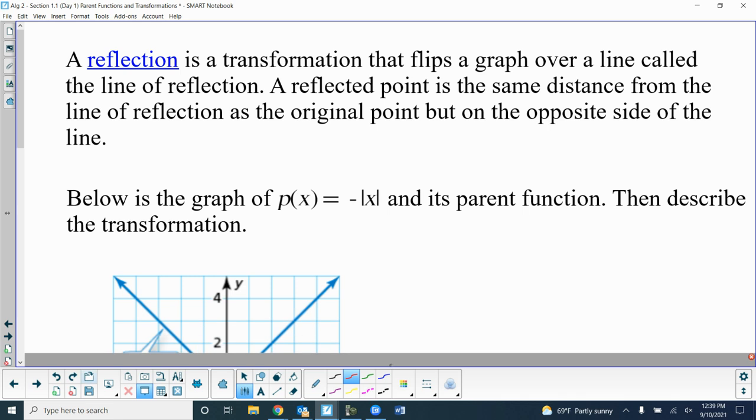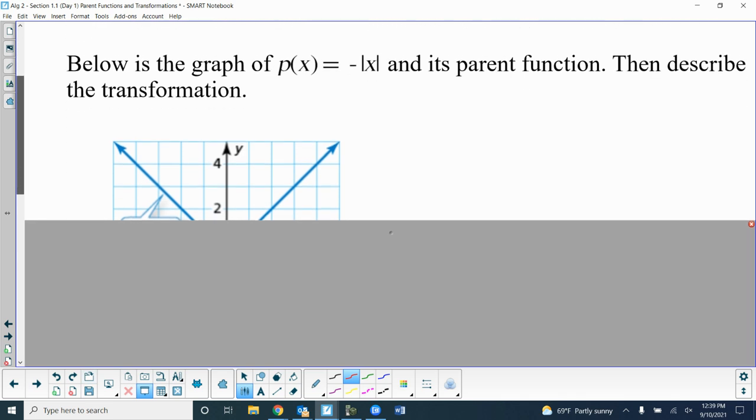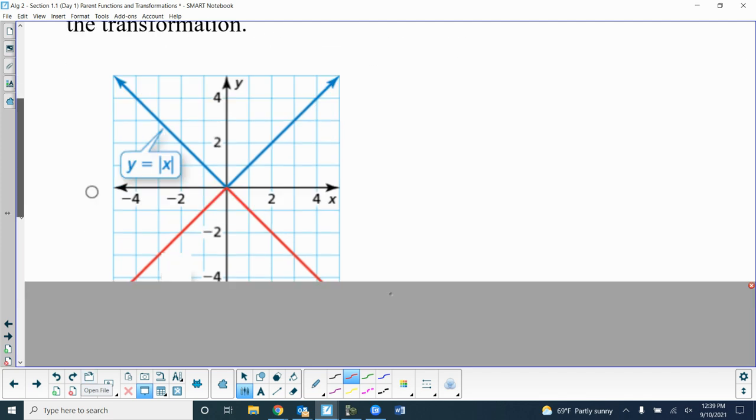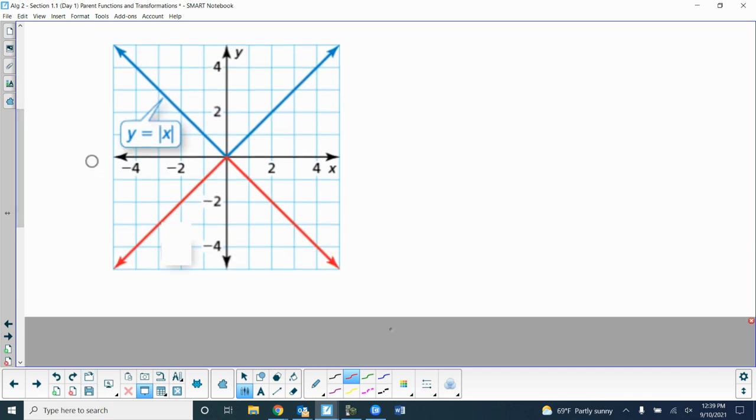All right, so here is the graph of y equals absolute value of x, and then the graph of y equals negative absolute value of x. It reflected it how? The blue one's the parent, the red one, what did they do? They put a negative.